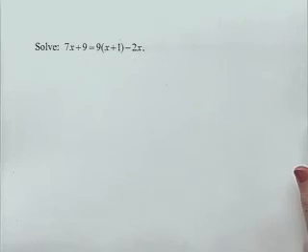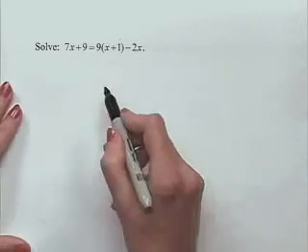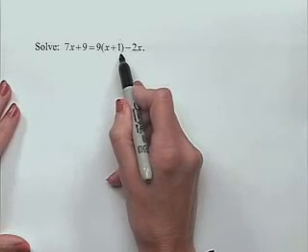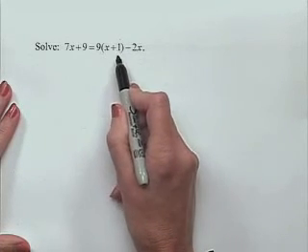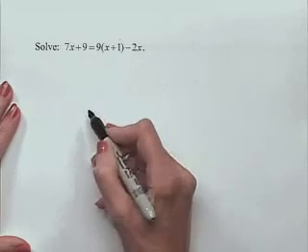Here's another equation that you're being asked to solve. 7x plus 9 equals 9 times the quantity x plus 1 minus 2x. We notice that we can use distributive law on the right-hand side. That would be distributive property of multiplication over addition in order to eliminate the set of parentheses.